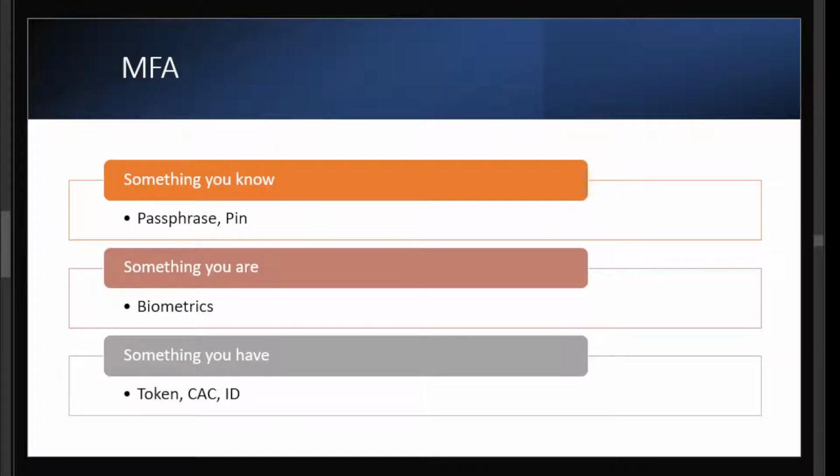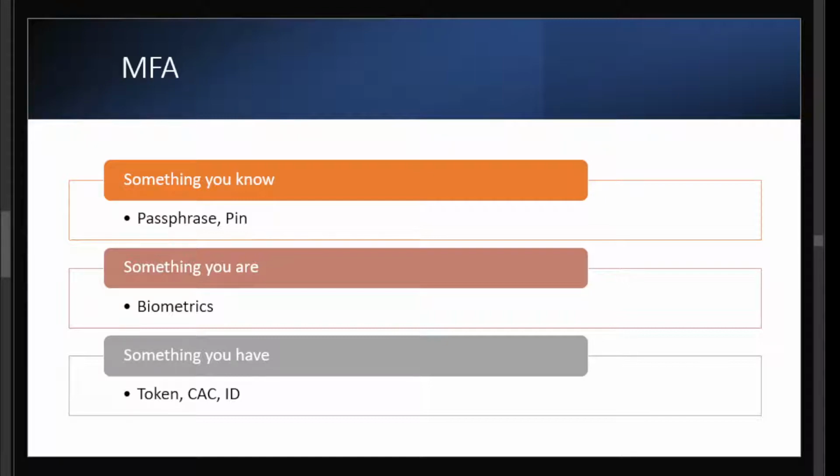Multi-factor authentication is comprised of 3 different things. That would be something you know, like a passphrase or a PIN, something you are, biometrics, something you have, a token, a common access card, or an ID. So by implementing 2 or 3 of these things, you have multi-factor authentication.